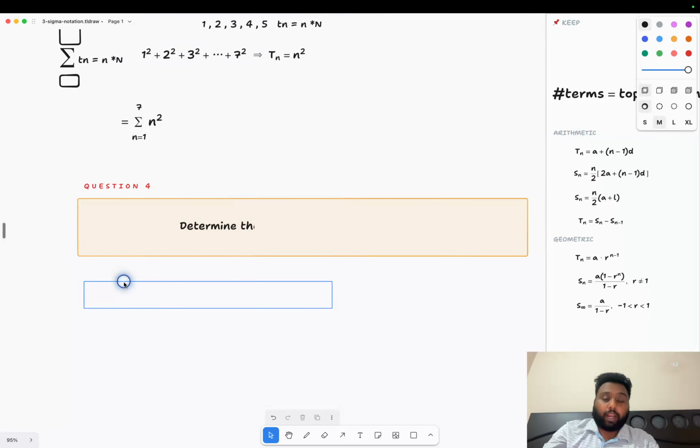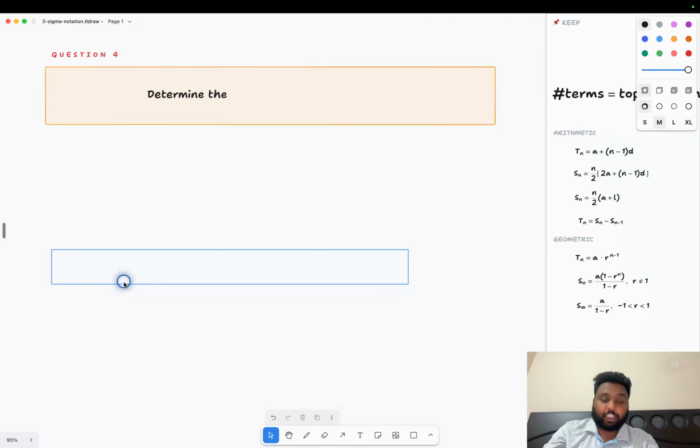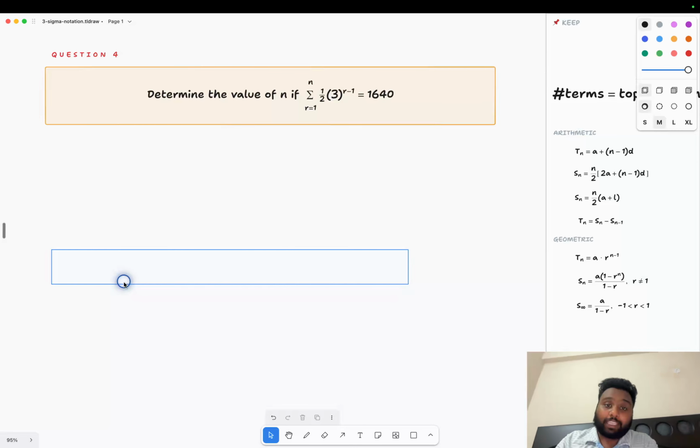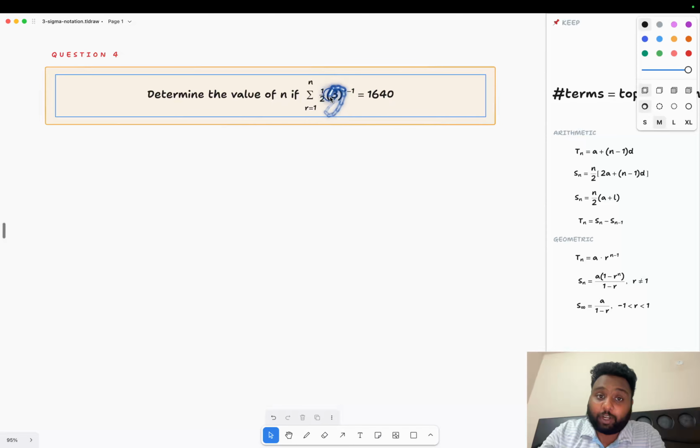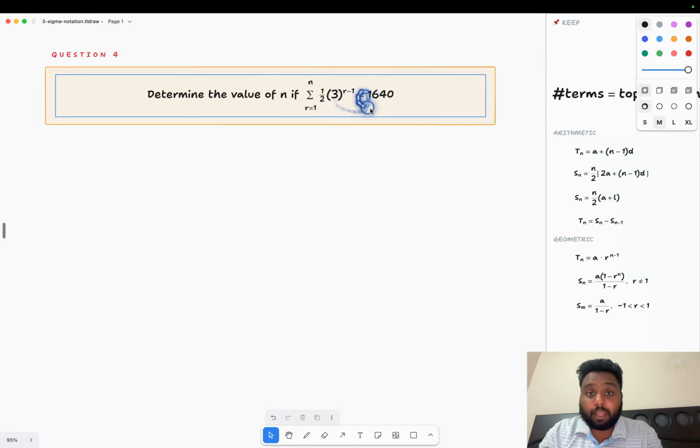Now we are going to look at another type of question, which is determine the value of n if this is equal to 1640. Okay. So now what has been given to us? It has been given to us that there is a series in which the sum is equal to 1640.